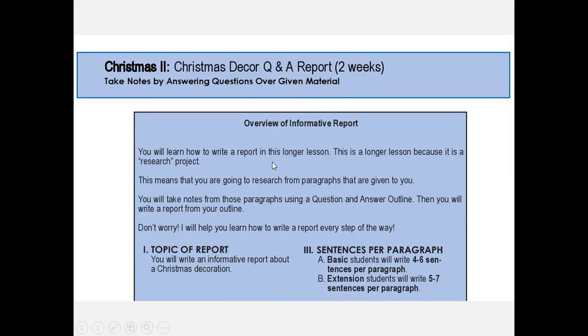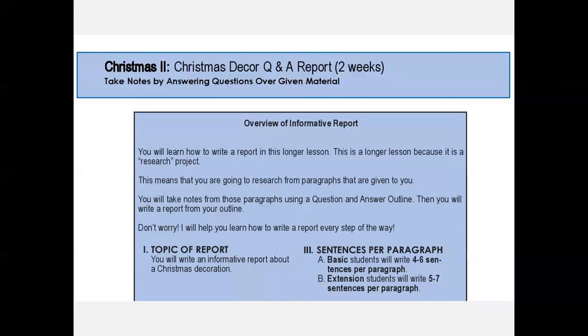I would tell them that you're going to do a research type of project, but instead of me giving you the whole source, all the paragraphs for it, or instead of you finding a source, I'm going to give you material to answer questions from, and then you will write from your question outline.